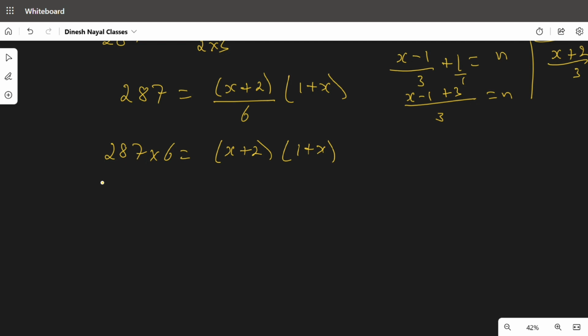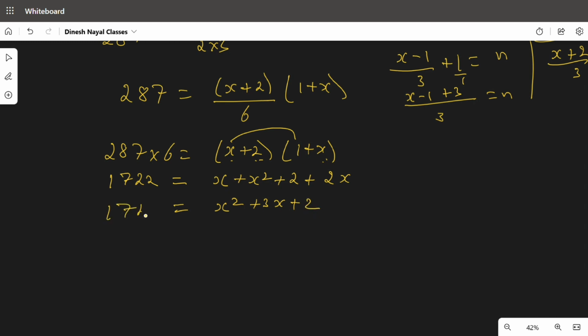Now 287 times 6 is actually 1722, and if you expand this, x times 1 is x, and x times x is x square. Again, 2 times 1 plus 2 times x is 2x. So this is actually x square plus 3x plus 2, which is 1722.